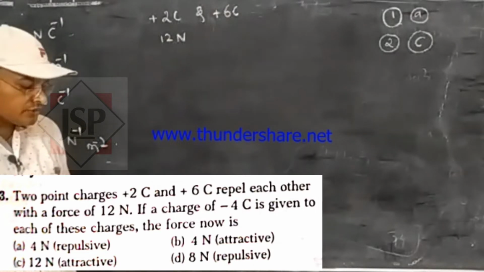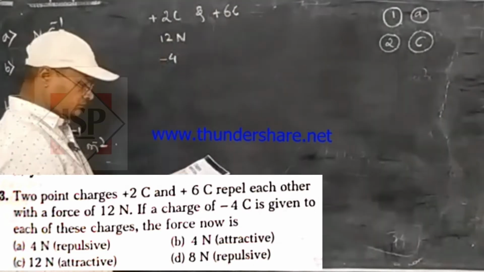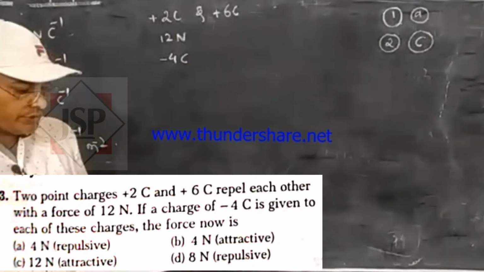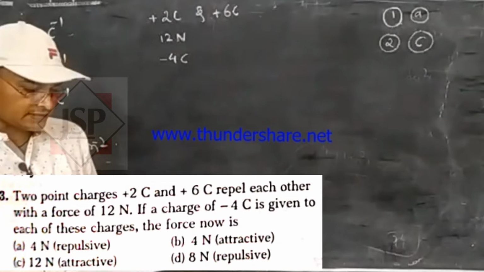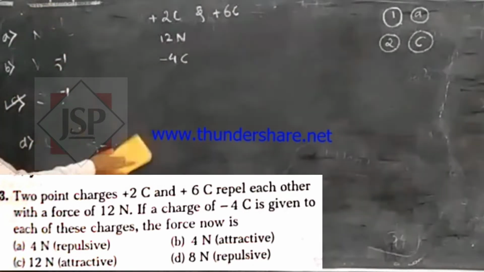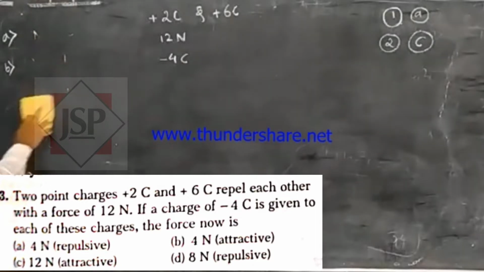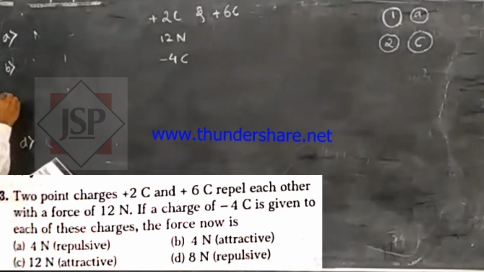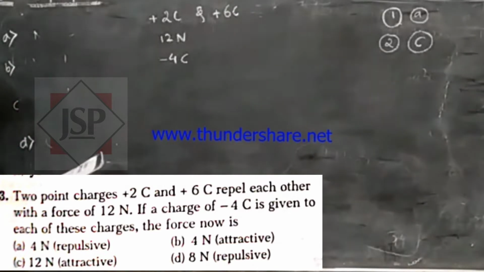If a charge of minus 4 coulomb is given to each of these charges, the force is. I am going to write down only the options; the question I have already given in the WhatsApp, so please see it to understand.